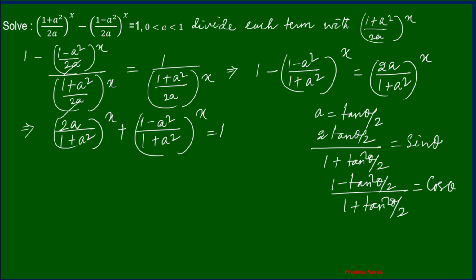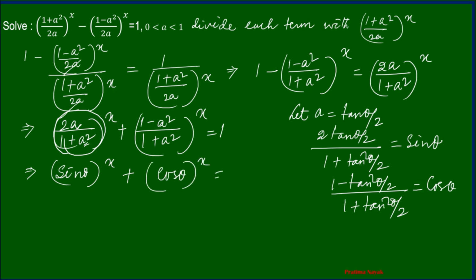So in place of a, I'll put tan theta by 2. So the first term is becoming sine theta, and the second term is becoming cos theta. So this will become sine theta power x plus cos theta power x is equal to 1.